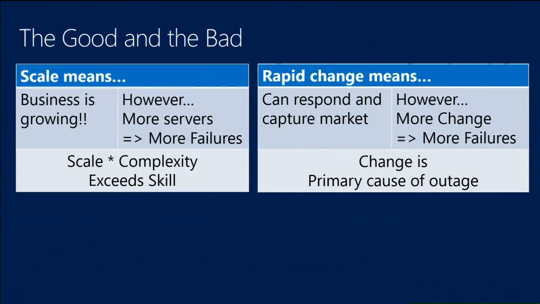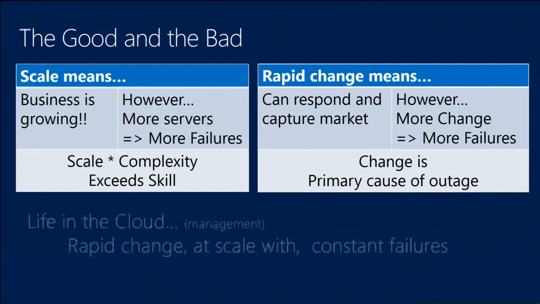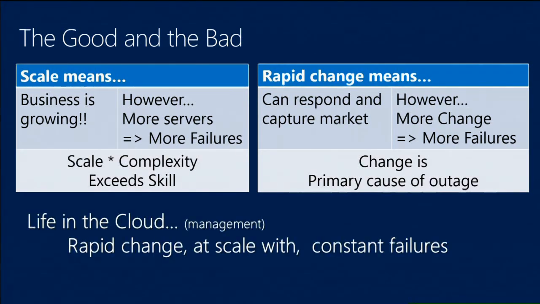So with that constant change going on, things break, right? Not this week. They're not going to break. Nothing broke this week. Exactly. So what it really means is that life in the cloud from a management perspective is you have rapid change at high scale, which leads to constant failure.